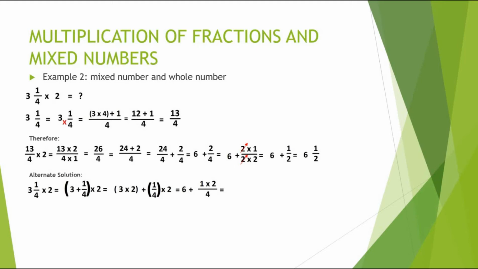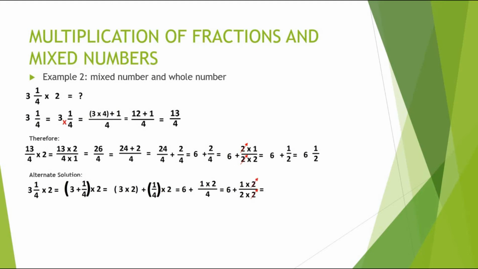Tama? Now, ang gagawin natin para reduce agad, we will factor out 4. So, it will become 6 plus 1 times 2 all over 2 times 2. Dahil parehas na meron 2 sa numerator and denominator, we will cancel out and turn them into 1. Yan.